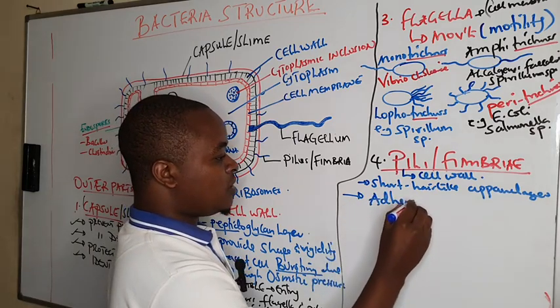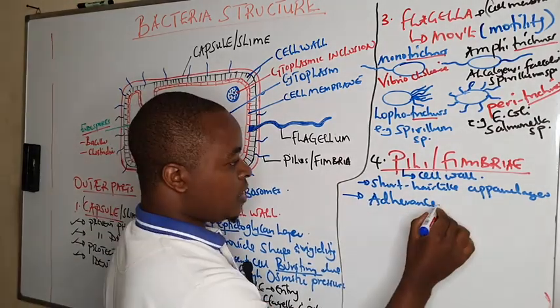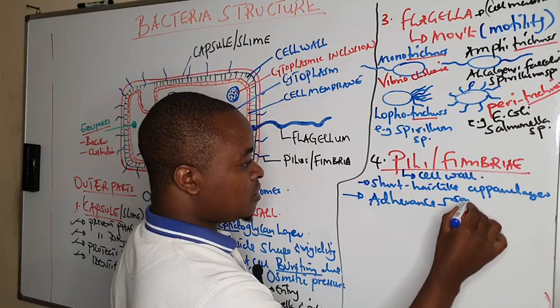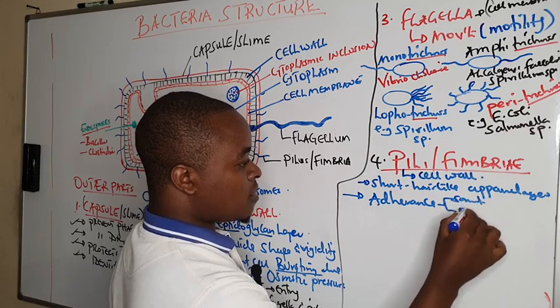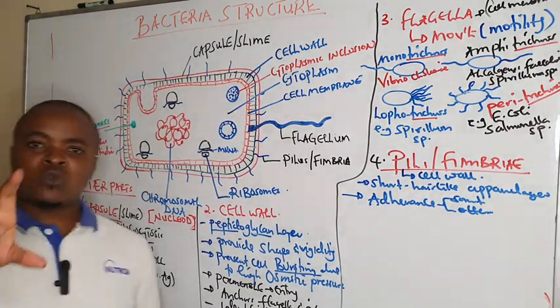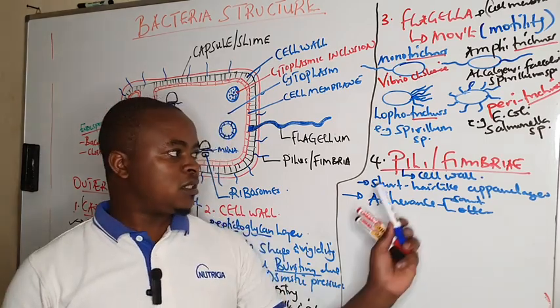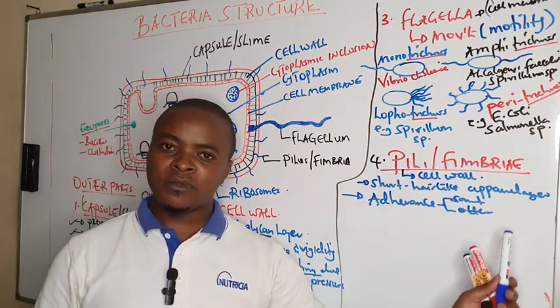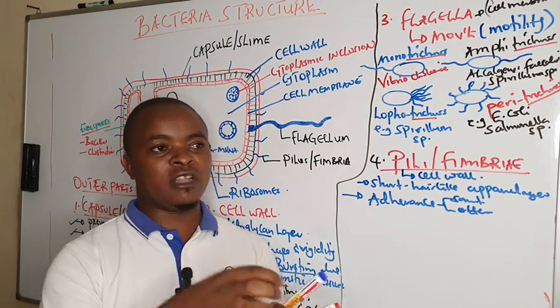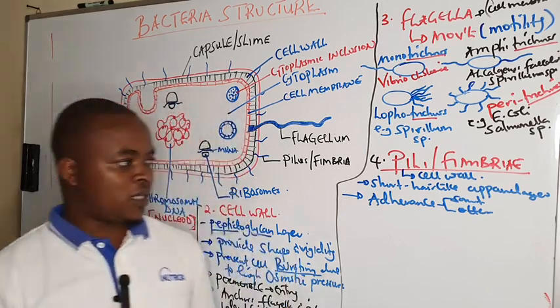They provide adherence of the bacteria to the surroundings, either to the surroundings or to other bacteria. So for a bacteria to adhere or to interact with the environment where it is, it needs the pili or the fimbriae. And it can use them to adhere to surfaces and to other organisms.